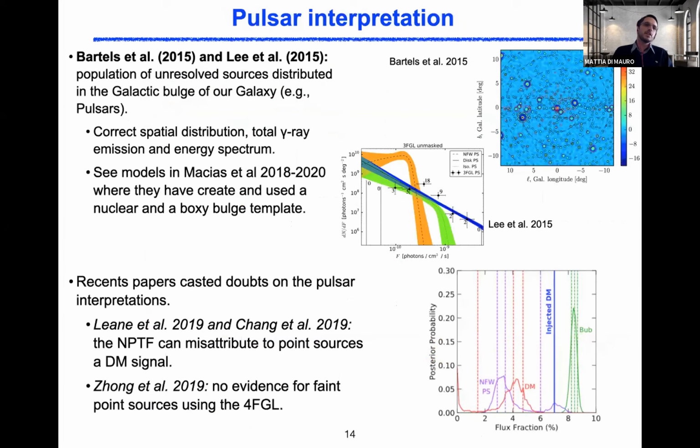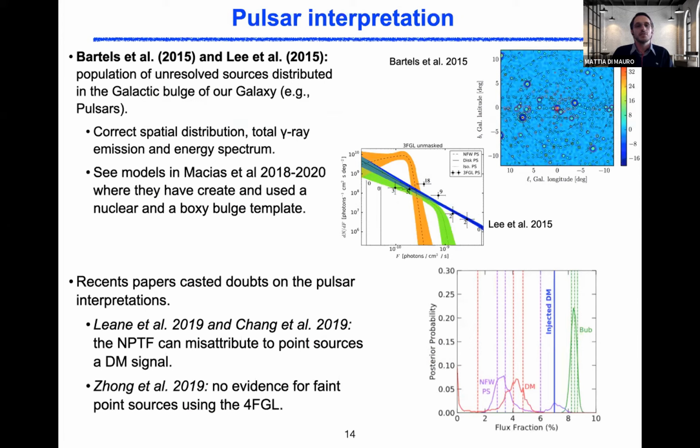The pulsar interpretation is an interpretation that attracted a lot of interest because of the results of Bartels et al. and Lee et al., using the Poissonian template fitting and the wavelet analysis. They found evidence of a faint population of sources in the galactic center region that can be compatible with millisecond pulsars in the bulge, with characteristics compatible with the galactic center excess.